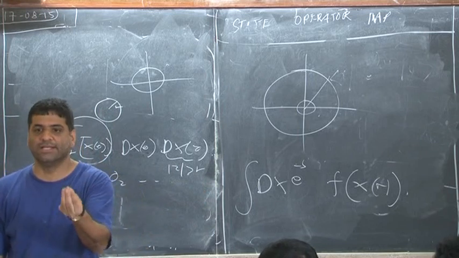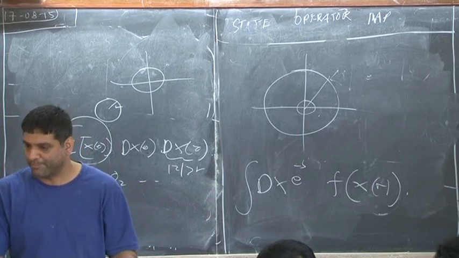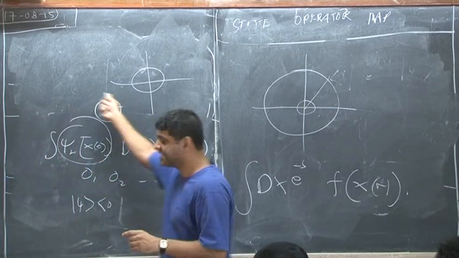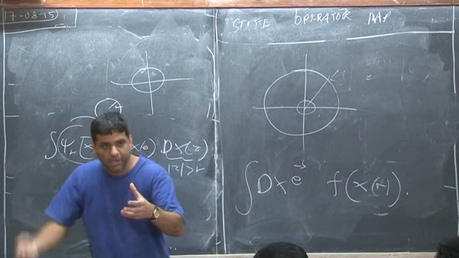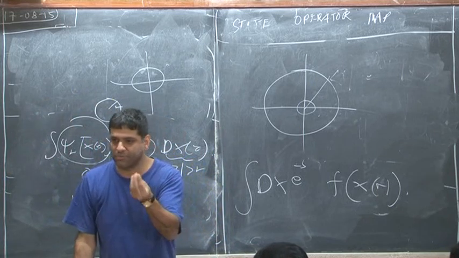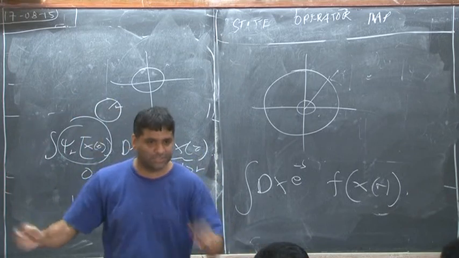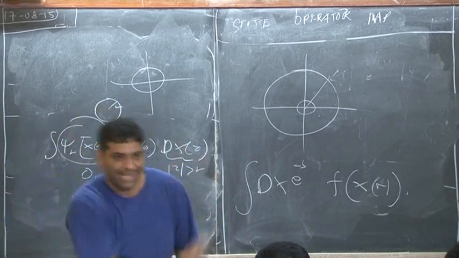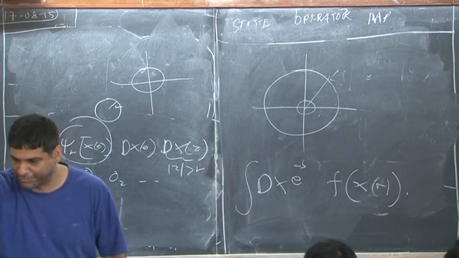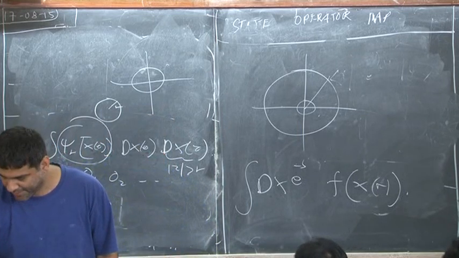If you understand what a local insertion does, you've understood the local insertion. So we've mapped this state on the cylinder to a local insertion into the path integral. It's an operator, and an operator can be defined anywhere. It's a local thing, so you don't care what your manifold was.